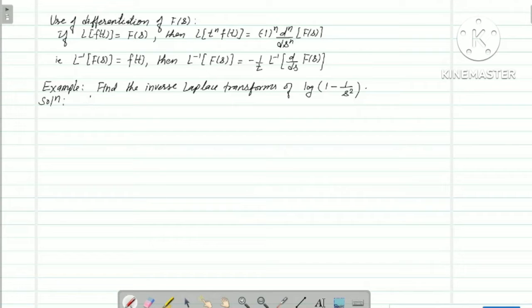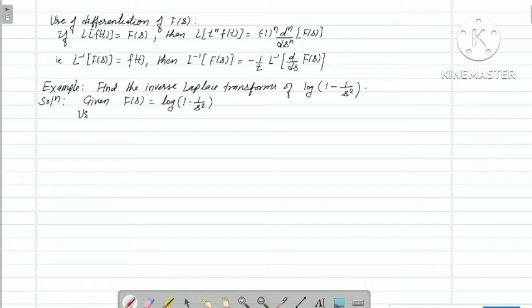what is given to you, just write down, given that F of s, F is a function of s, equal to log of 1 minus 1 upon s square is given to you, and we have to find the inverse of this function F of s. Okay, so for this we will use our differentiation of F of s to find the inverse.